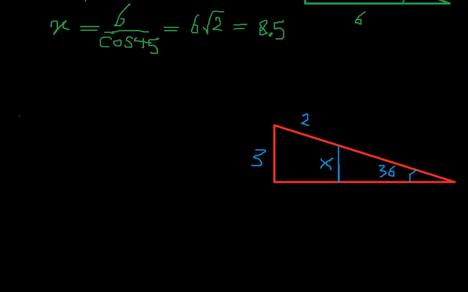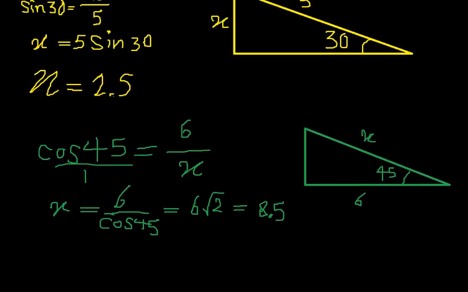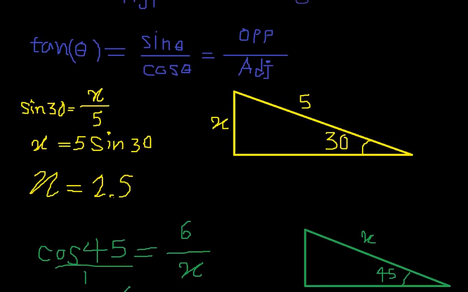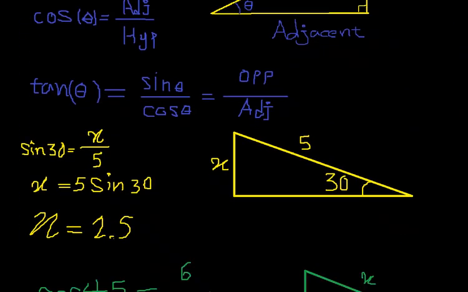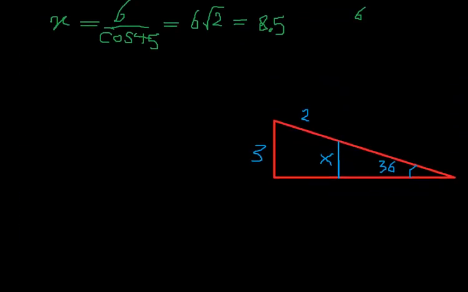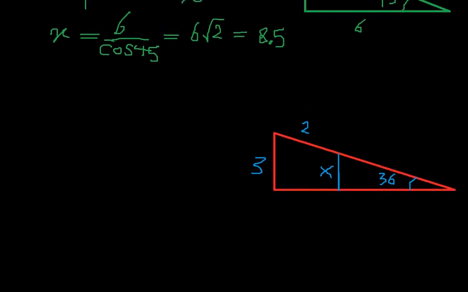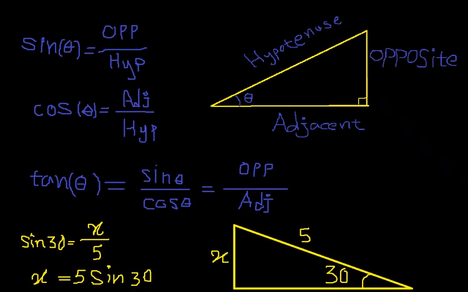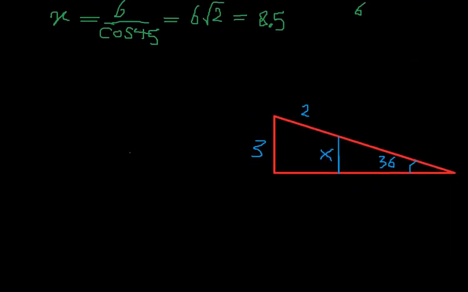Let's say that again. We know that we have the angle of 36 degrees and also the opposite side, which is 3. We need only the hypotenuse. So what formula should we use? It's exactly sine, because we are looking for the hypotenuse and we are given the opposite side.